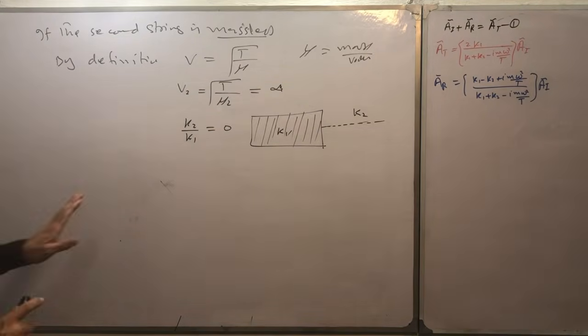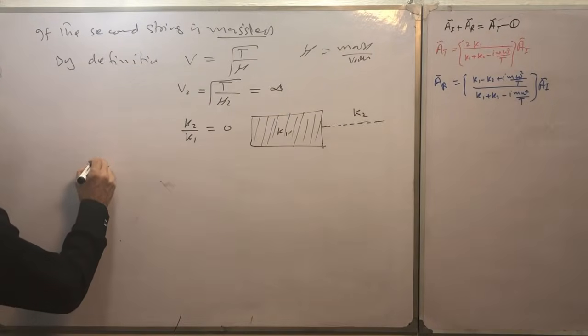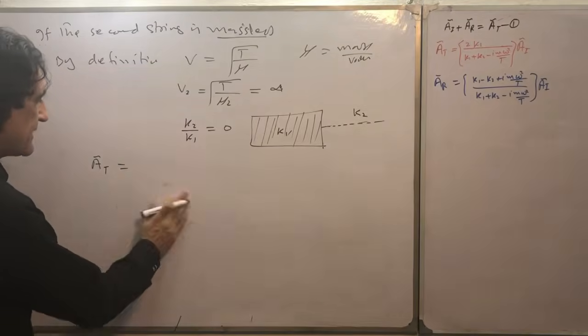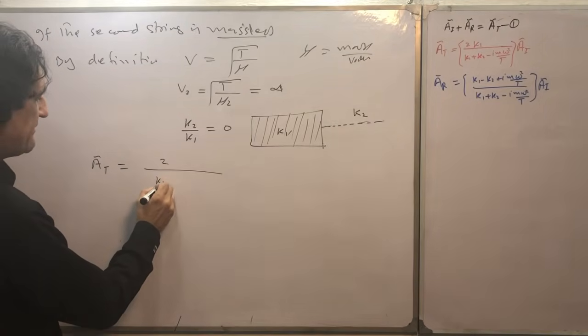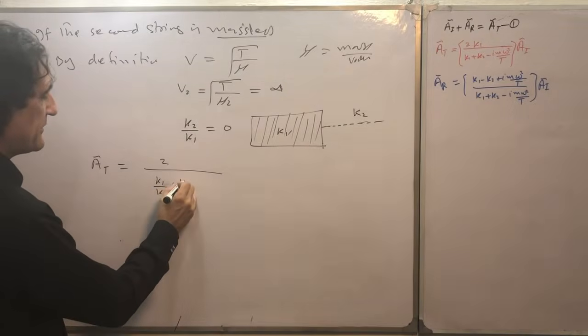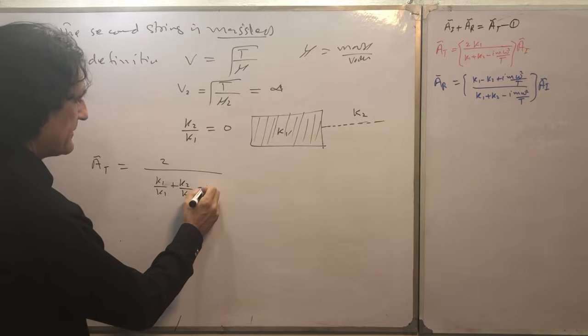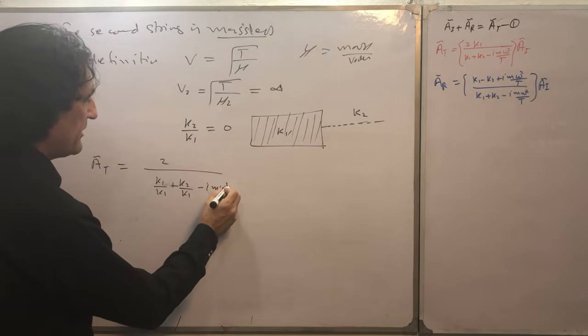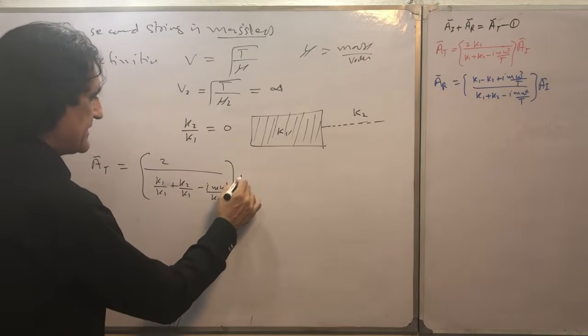So here, let's suppose this AT is equal to, I can write this as k1 divided by k1 plus k2 divided by k1 minus iota m omega square divided by k1 T, and this is AI.